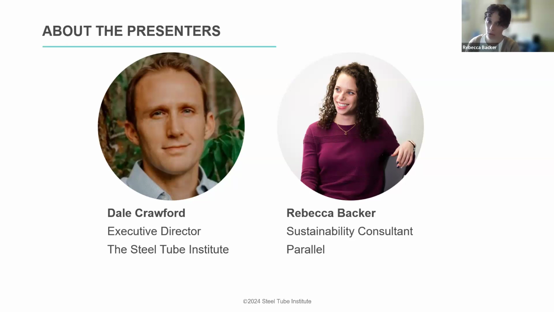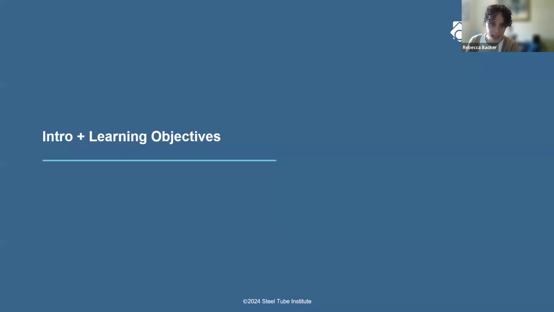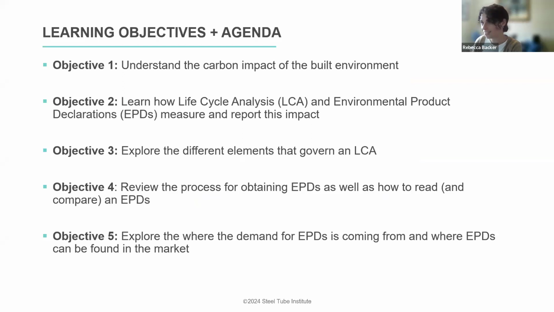So that's a bit about what it is and why we're here today. And then, a bit more specifically, there are about 5 different learning objectives that we'll be covering during the course of this presentation. So we'll definitely take a step back.